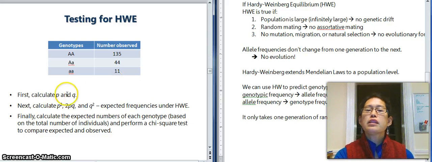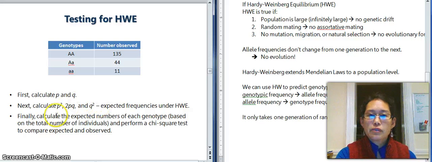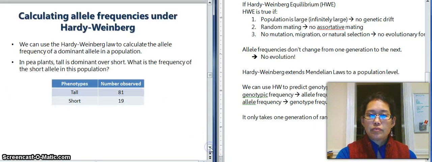And then from these P and Q, we can calculate the P squared, 2PQ, and Q squared, which is what we expect under Hardy-Weinberg equilibrium. Then we want to know if these expected frequencies match these observed frequencies, and we use a chi-square test to do that.